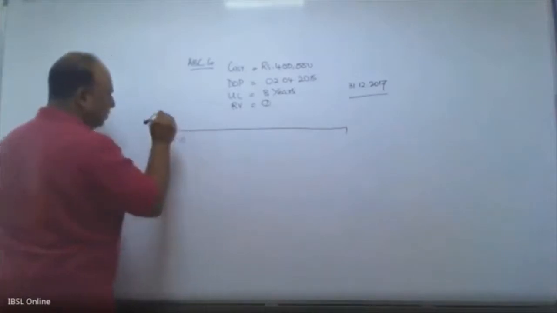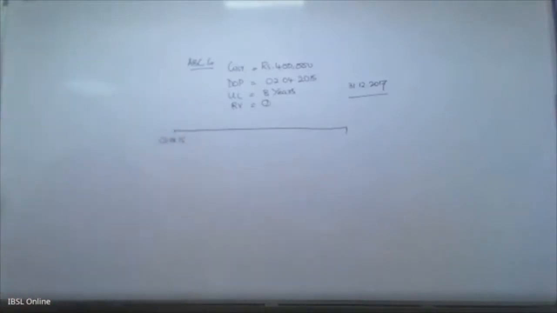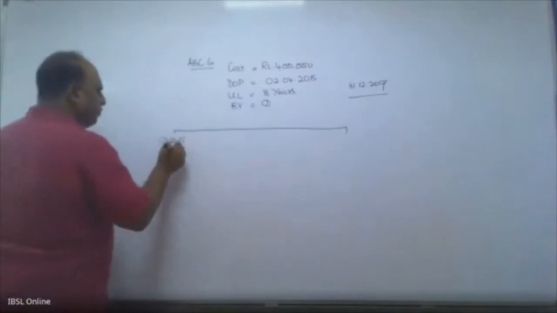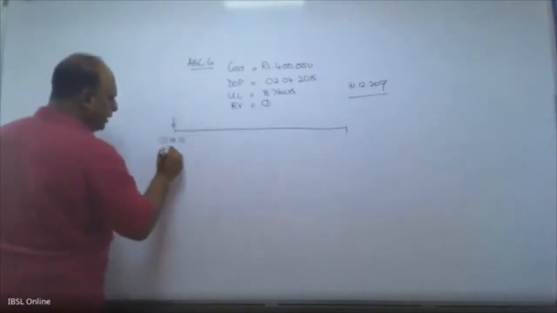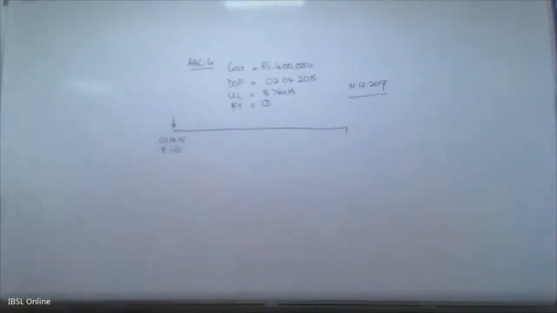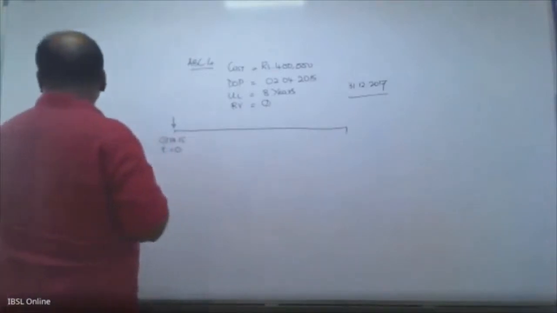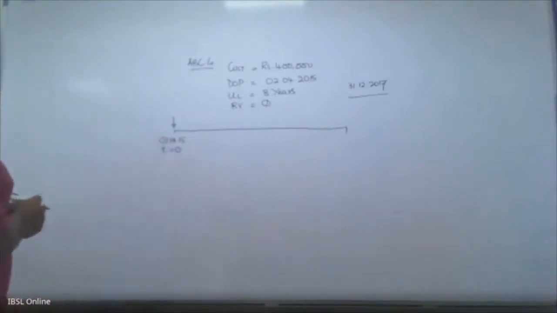That is from the start of the asset. That is 2nd April 2015 will be my starting point. So I call that t equals 0. Time is 0. Right?